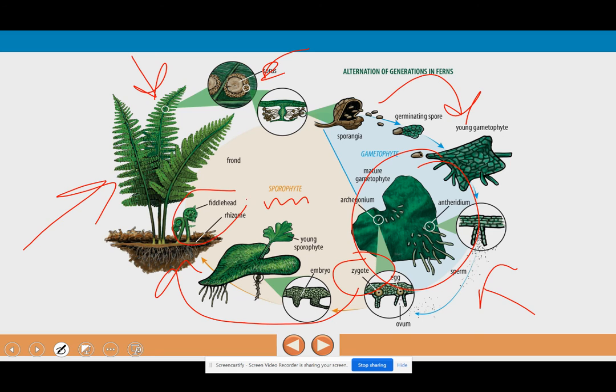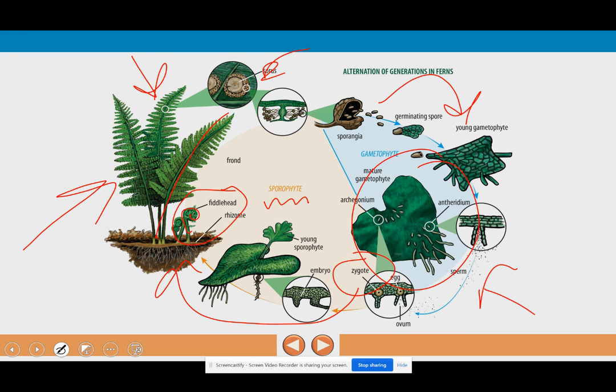This cute little guy right here is what we call the fiddlehead. The fiddlehead is just the emerging fern frond. Notice how he's kind of curled up. As he starts to grow, that fern frond is going to unravel to become the fern frond that you're used to seeing.